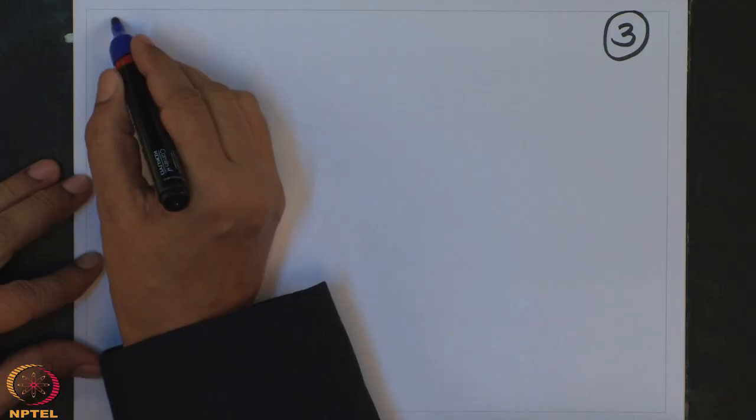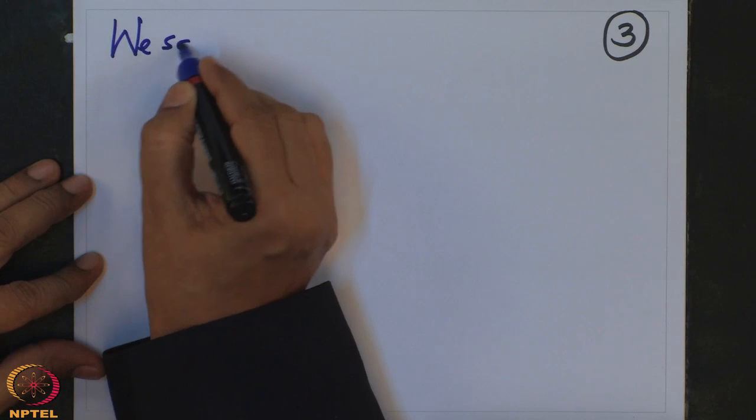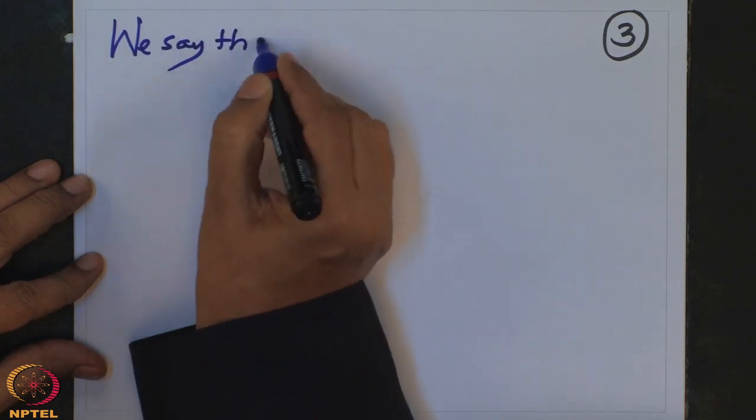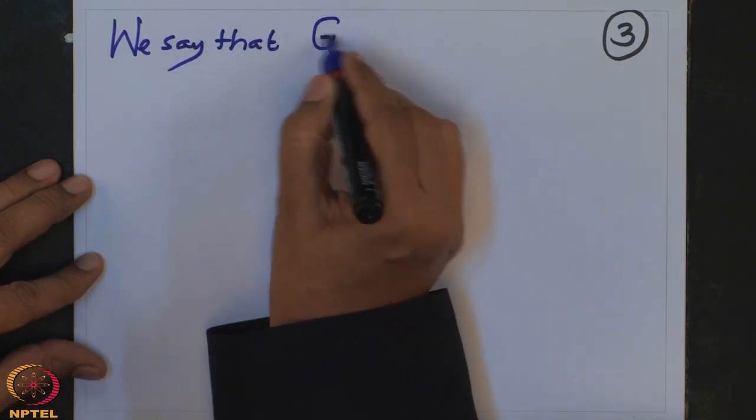All right. Further now, when do we say that G is cyclic?